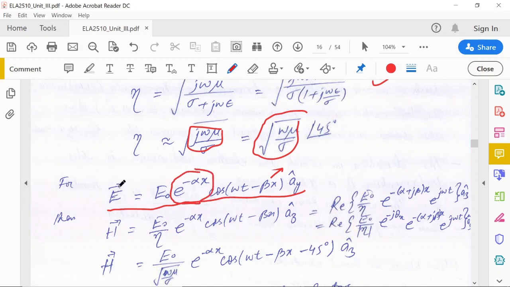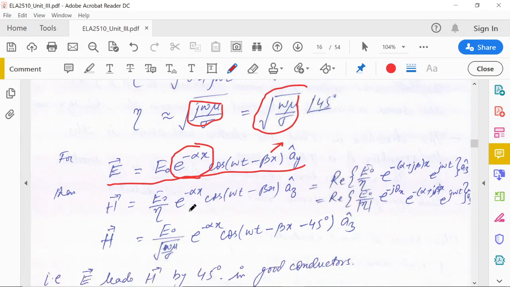So if E is given, how to find H? You can't directly find H. So we find the phasor form. What is the phasor form of this one? The phasor form will be E naught, and since this is omega t minus beta x, you can drop the time part.